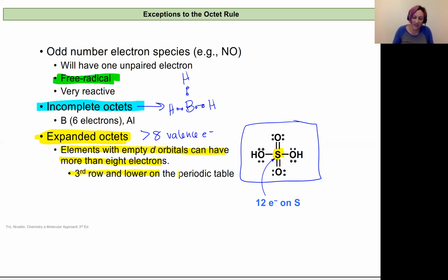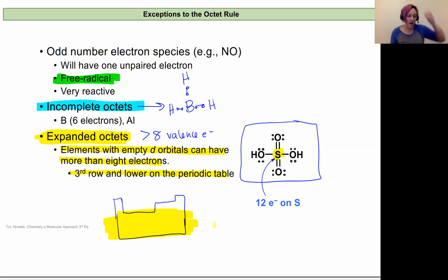So anything in the third row or lower on the periodic table can do this. Here we go, a better periodic table. Everything in the third row, so all of these elements right here can expand their octet. And when we're talking about covalent bonding, we're really thinking about these ones right here on the non-metal side.